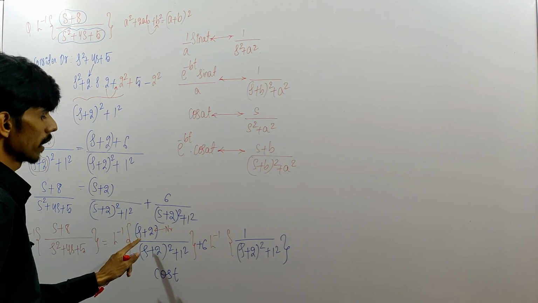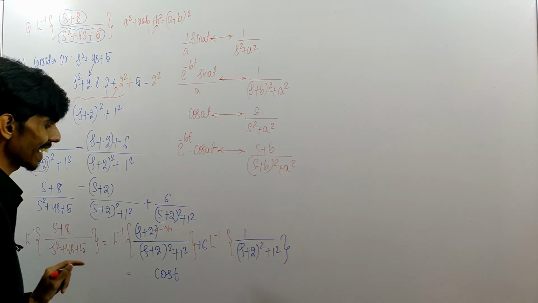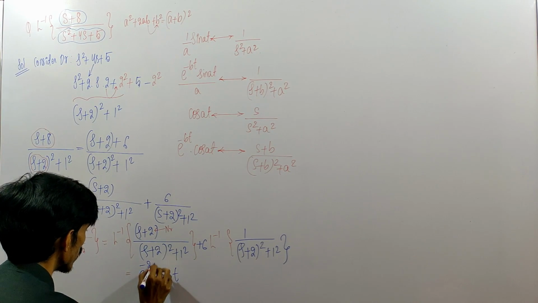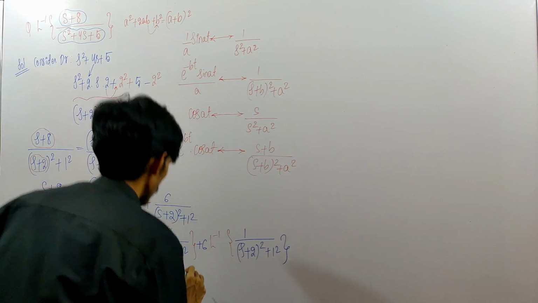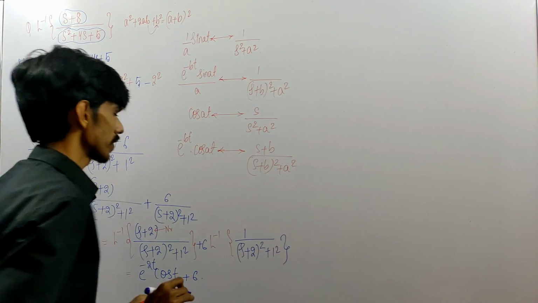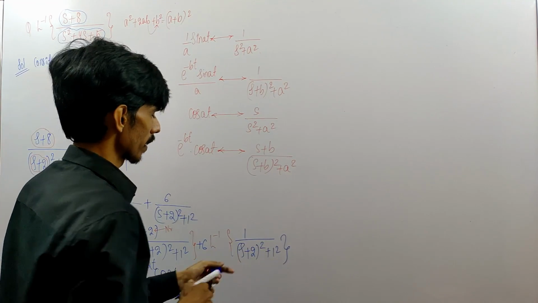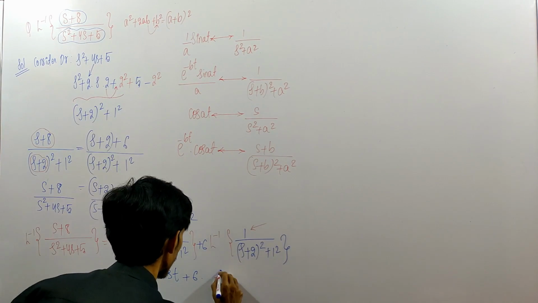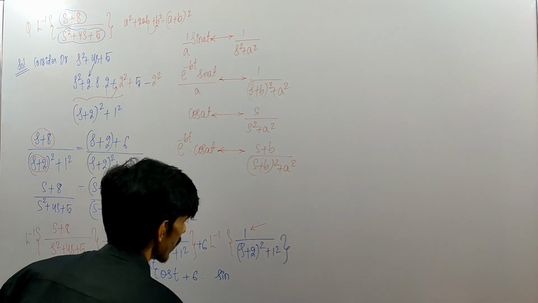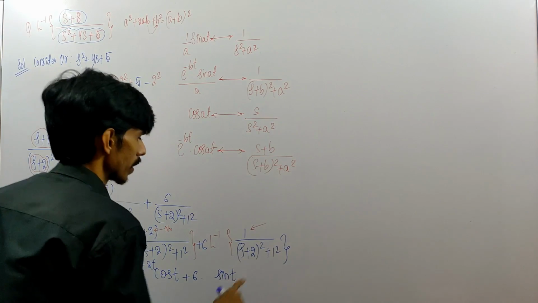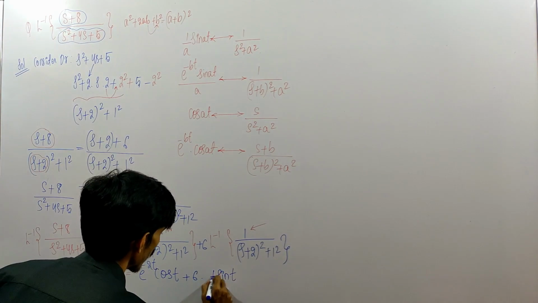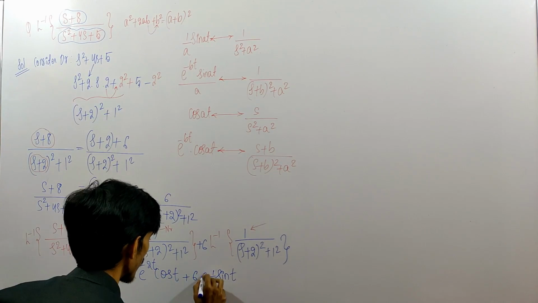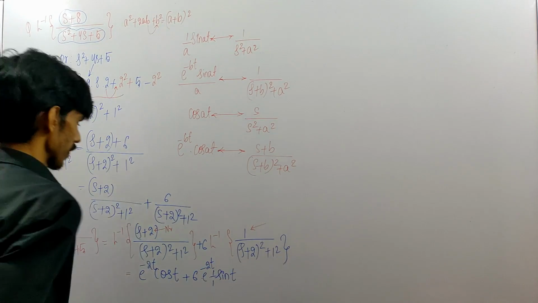Now here we have s plus 2, not s, so the exponential term e power of minus 2t will be there, and the 6 as it is. Here we have a constant in the numerator, so we get a sine term: sine 1t, since the value of a is 1. Here we have 1 by 1 into the exponential term e power of minus 2t.